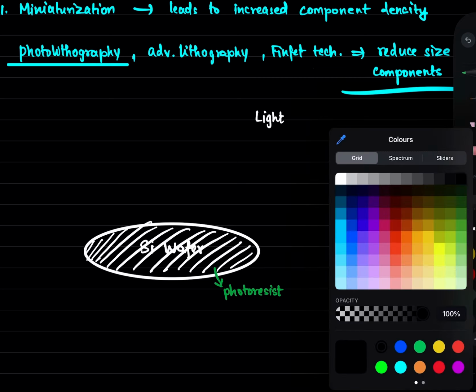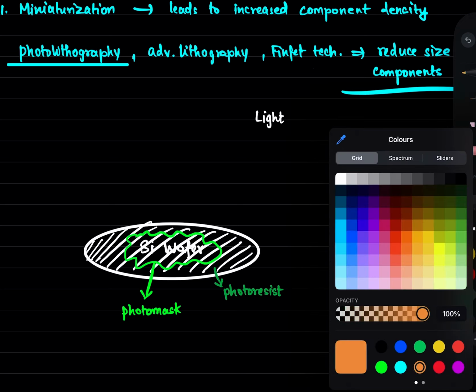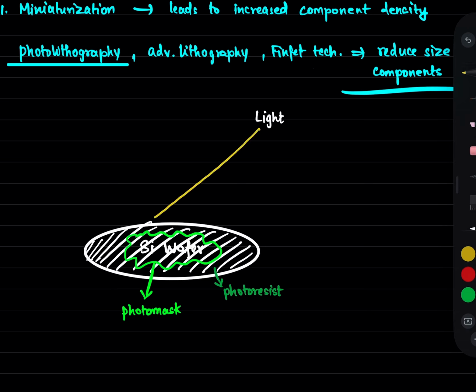and on this a photo mask is placed. So a photo mask is something like, imagine this is the photo mask, and this is the impression that we want to create on the silicon wafer. So light is made to fall on this photo mask.